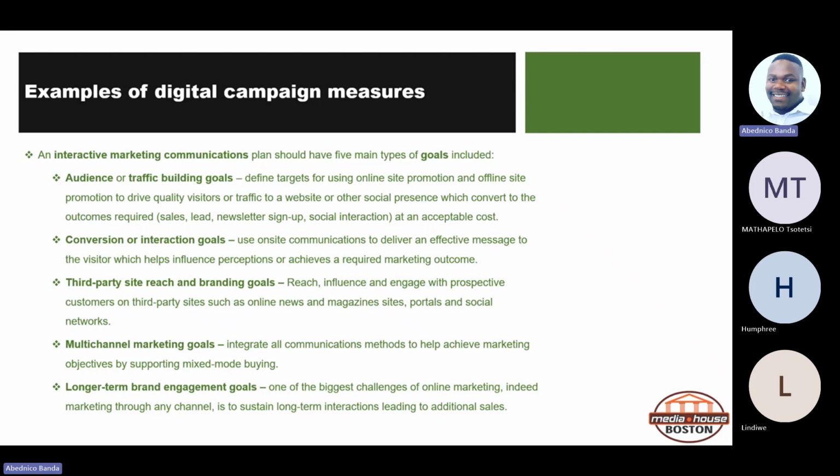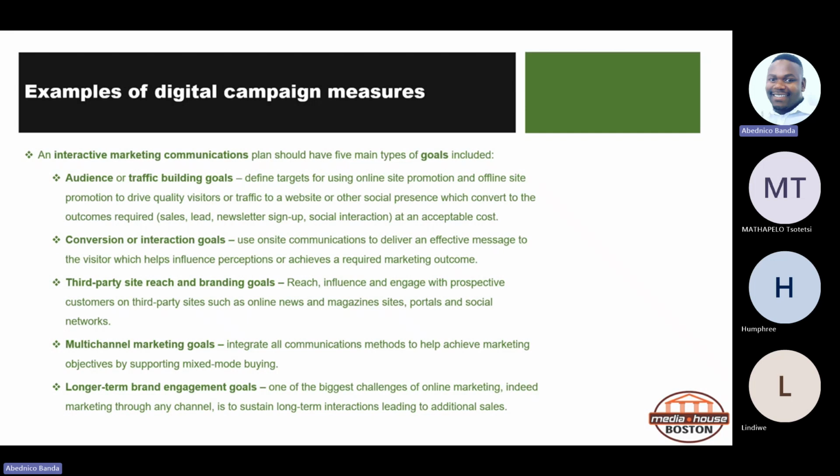Because at the end of the day, Nando's wants us to fall in love with their brand, fall in love with their chicken, and also refer others to their chicken. That will be the business objective. So there are always underlying objectives behind any digital campaign, regardless of the message that is in it.